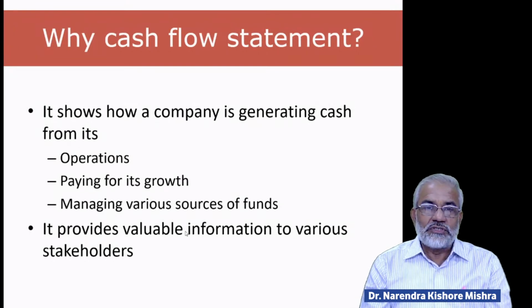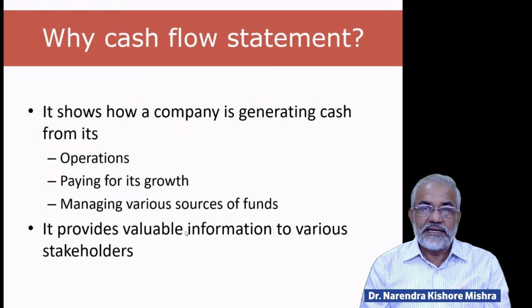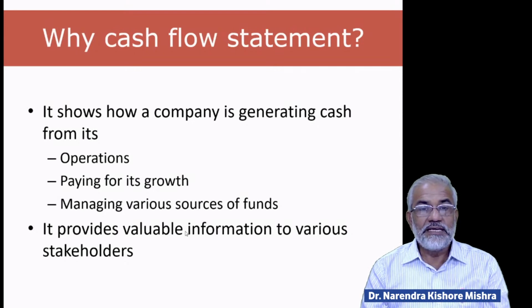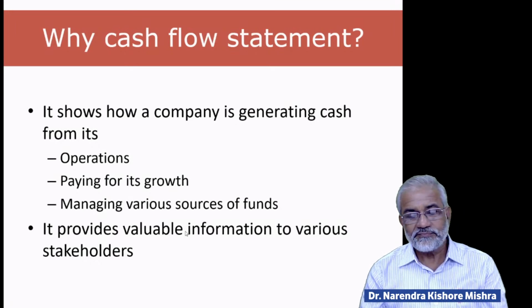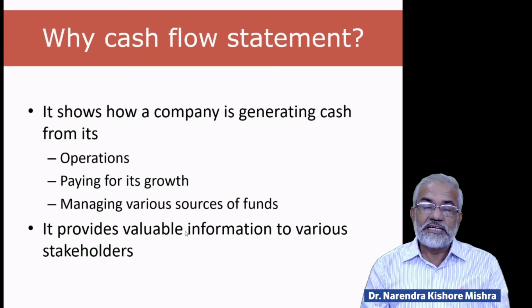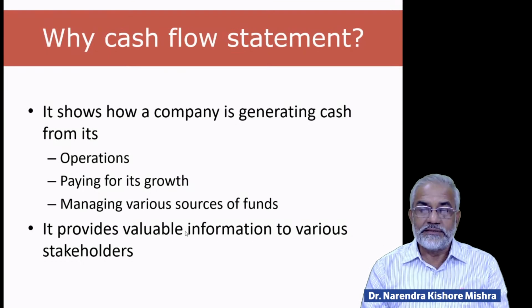Next, it shows how a company generates cash: the cash flow statement. What is the utility of the cash flow statement? The cash flow statement shows how a company is generating cash from its operations, paying for its growth, and managing various sources of funds. The cash flow statement, as per Accounting Standard 3, has been segregated into three components.